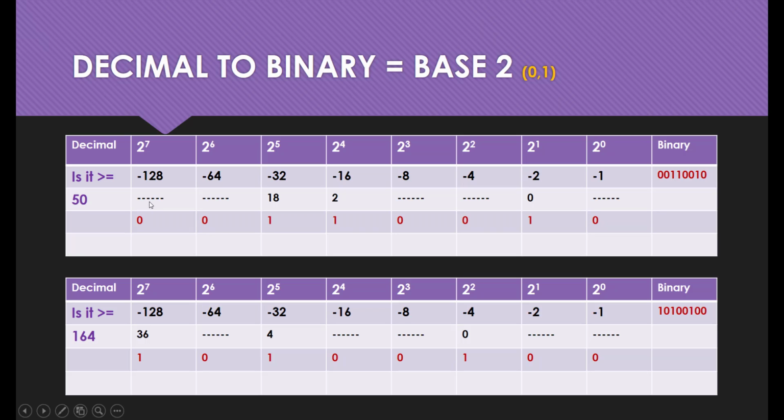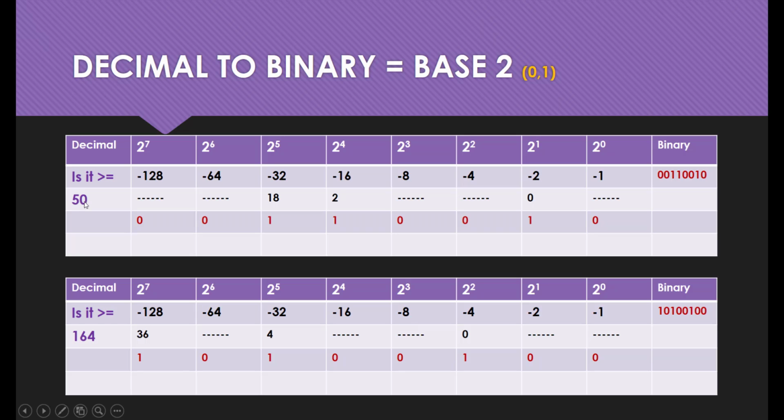So why do we have this dash? This dash is meant to be where the remainder should be once you've subtracted the number from 50. But in this case, because the condition isn't fulfilled, you have no remainder, so you are not performing any operation there. That's why we have this dash.